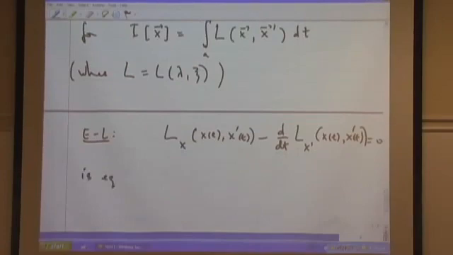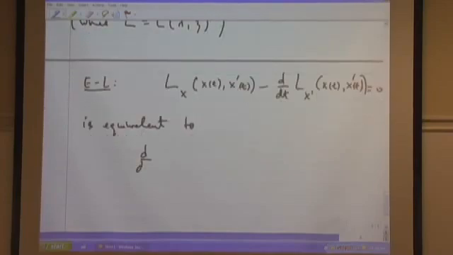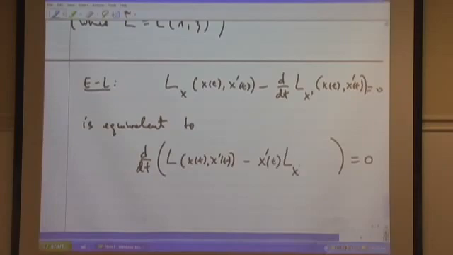And this is equivalent to the following: you can write this as a derivative of some quantity, and the quantity is L at x and x prime, minus x prime of t times L_x prime at x and x prime.